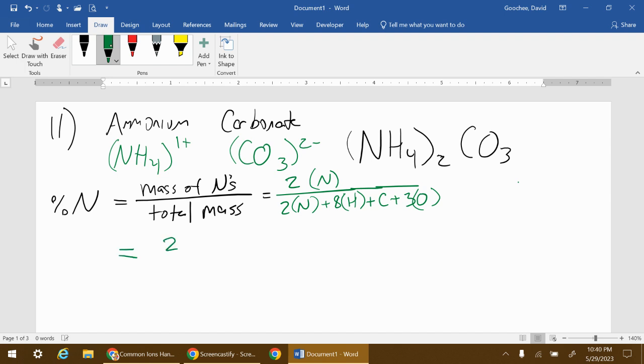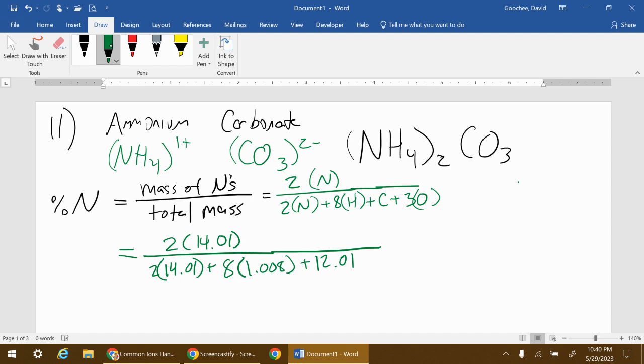So on the top is 2 times 14.01. And on the bottom is 2 times 14.01 plus 8 times hydrogen, that's 1.008, plus carbon, that's 12.01. I know these. You would look them up on the periodic table, plus 3 oxygens.